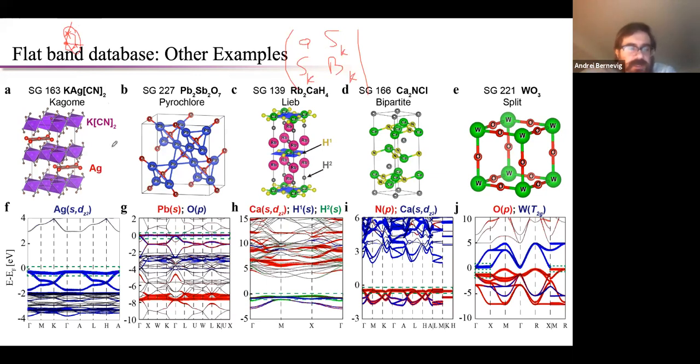Of course, there's a lot of background to this that's not relayed by me now, but this takes a while. You have to look into different cutoffs. You have to make sure you're not missing things. You look back, you test some things, you talk to people that know some flat bands experimentally.